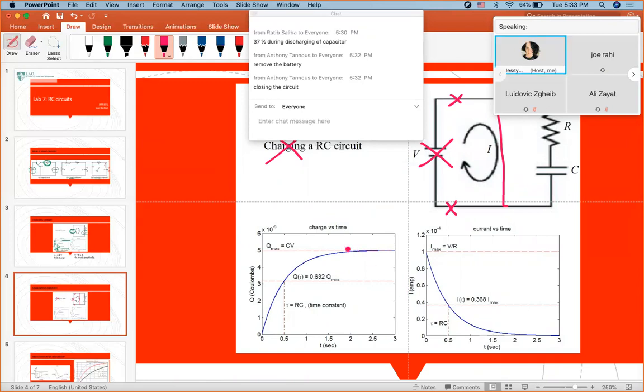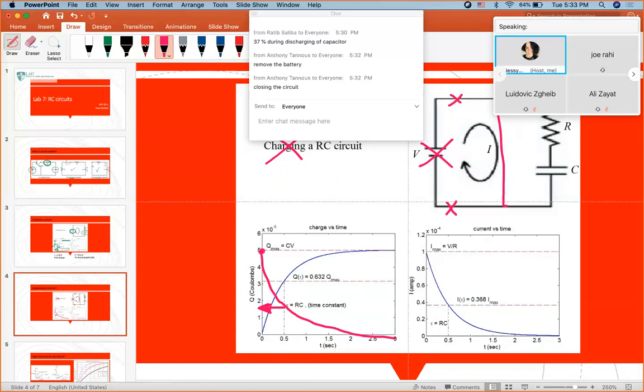Exponential decrease. Okay, so if the capacitor is initially fully charged, you start from this value and you move down like this. All right? At 37%, so where's tau? This one, this should be 37% of the maximum value. All right, what I'm doing is approximate.